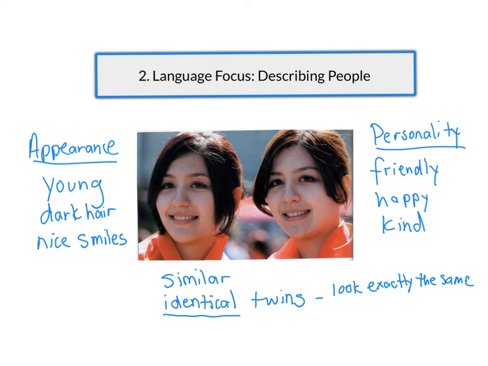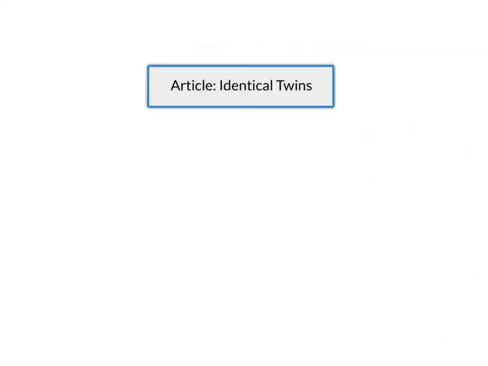In fact, they have the same genetics or the same genes. So genes are the characteristics passed down in families from parent to child, right? So you and your brothers and sisters have similar genes, but identical twins will have exactly the same genes.